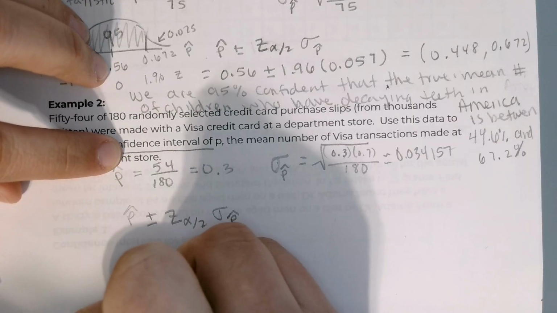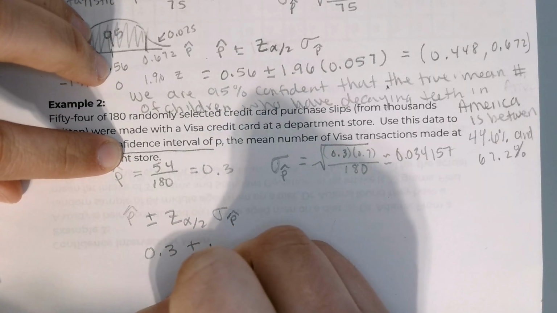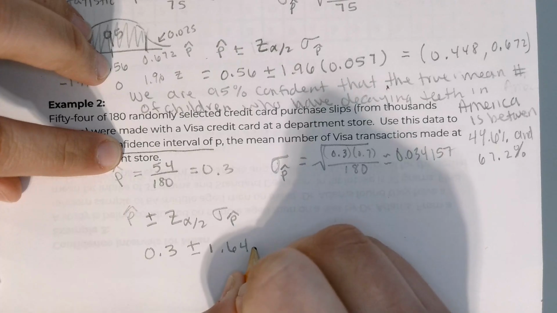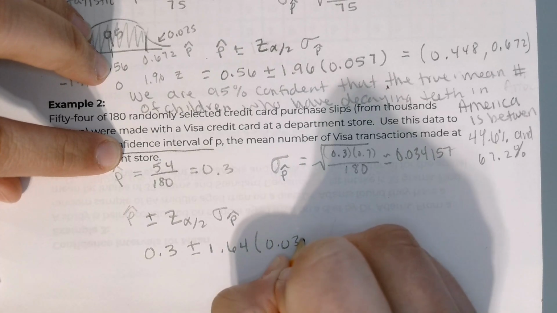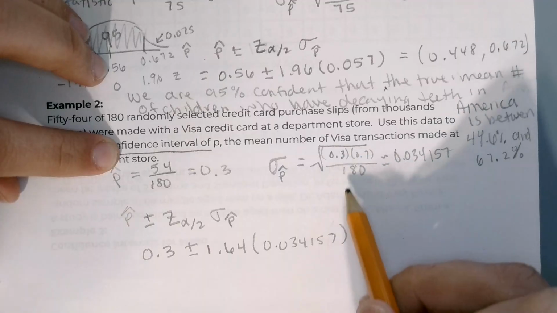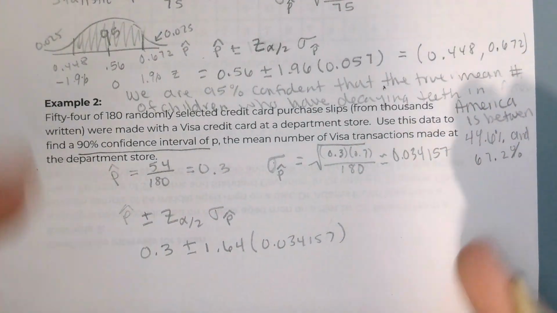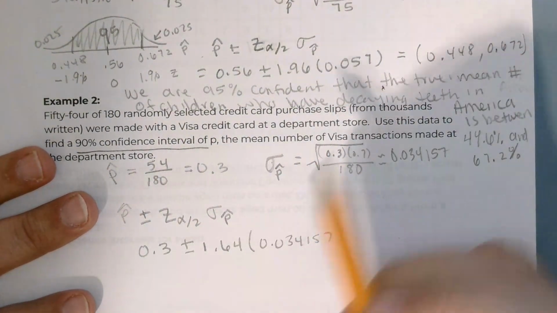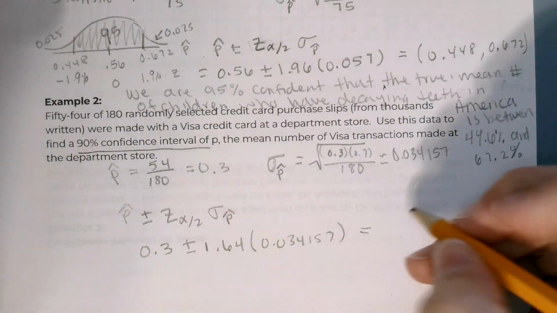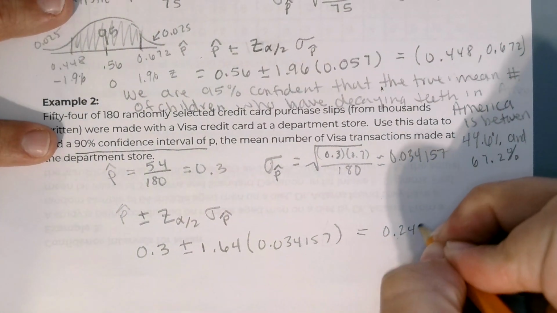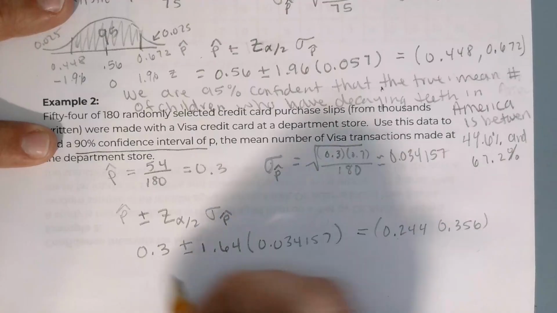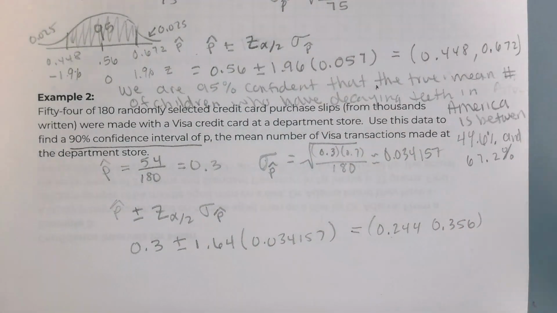That gives me 0.3 plus or minus 1.64 times 0.034157, or the square root of 0.3 times 0.7 over 180. However you want to put it in your calculator. You don't have to calculate them separately. This gives us an interval of 0.244 to 0.356.